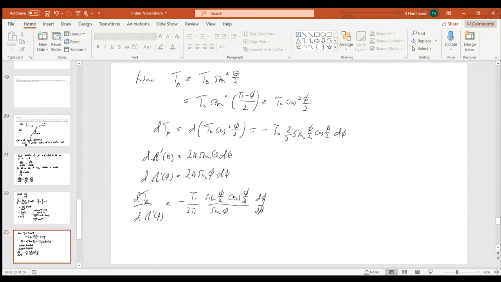But remember, we've used this before. Sine phi is going to be 2 sine phi by 2 cos phi by 2.